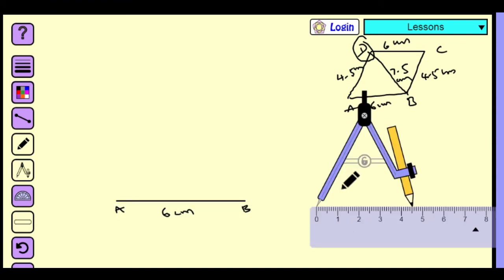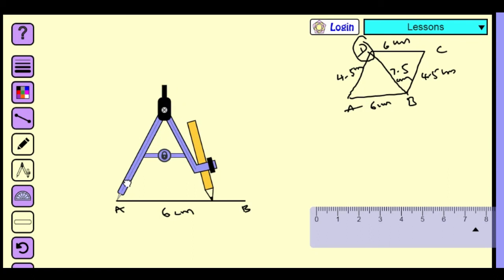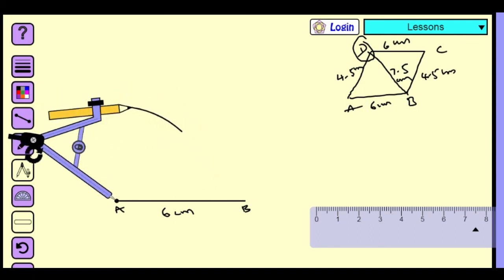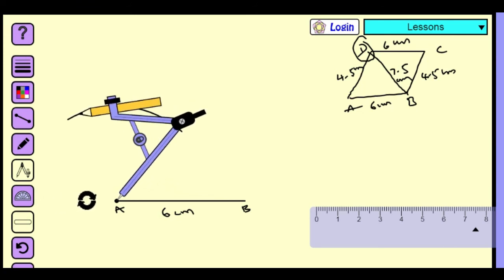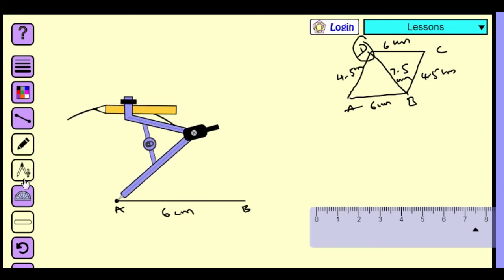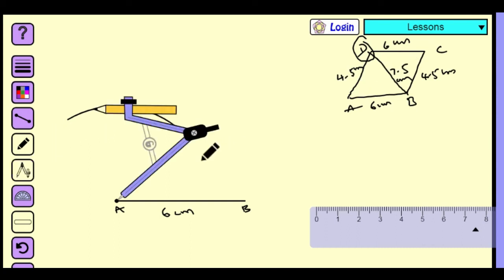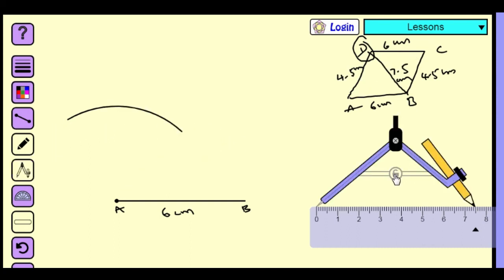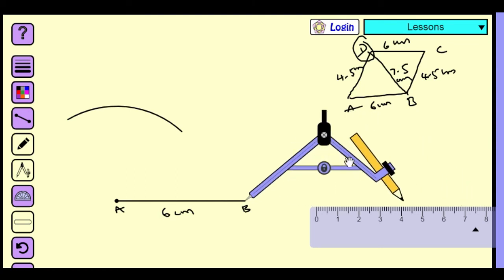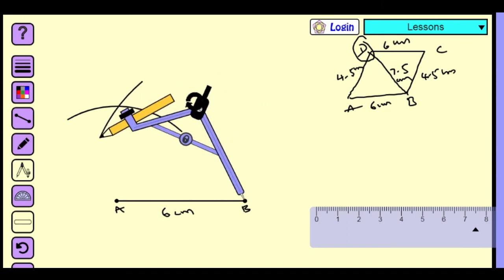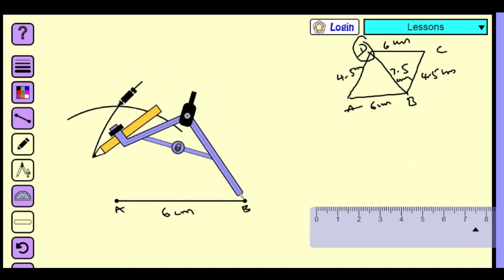With A as the center and radius 4.5 centimeters, draw an arc. Next, take the compass radius 7.5 centimeters. Now with B as the center and this radius, draw an arc which cuts the previous arc at point D.